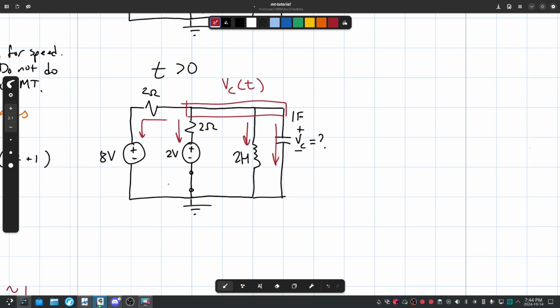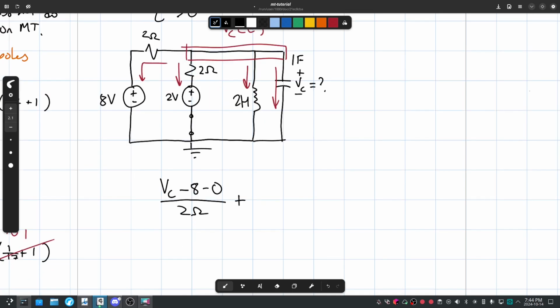So what are we going to get? Let's start from left to right. This is going to be VC minus 8 volts, because we're passing through the negative end of a voltage source, minus where we're ending up, 0, which is ground. We're ending up in ground, so it's 0 volts, over a resistance of 2 ohms.